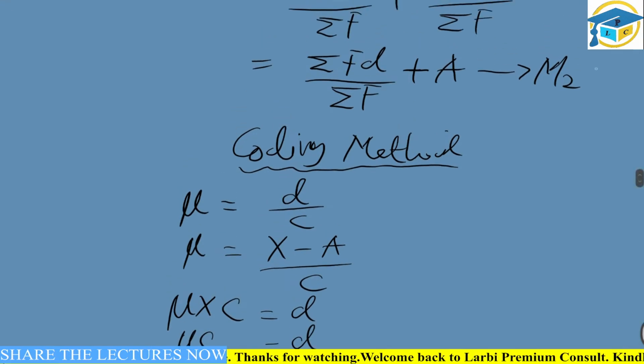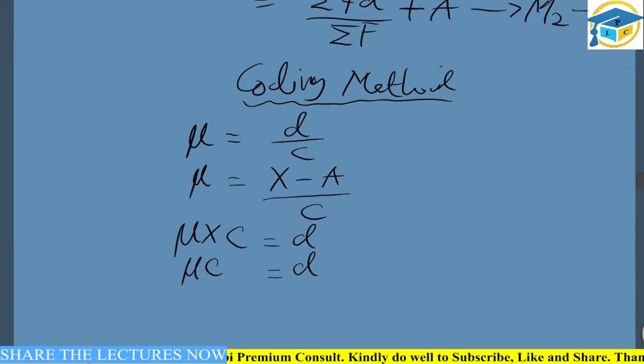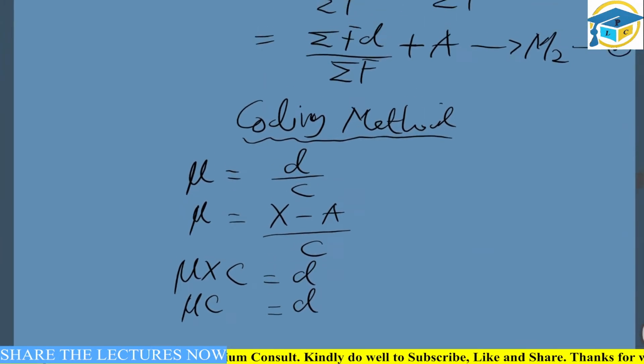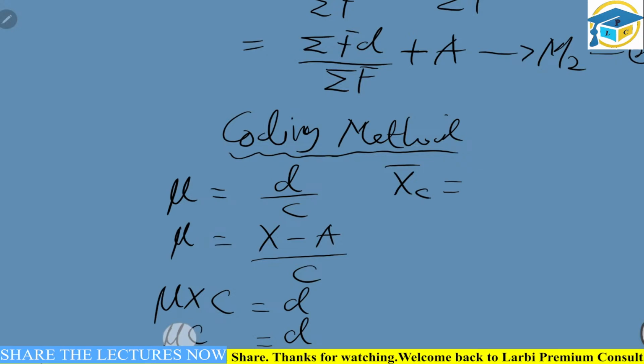So this becomes, let's say, equation 2. Whenever I see D, I'll substitute the mu value and then the C as the class width, so that we'll see what will happen at the end of the day. Therefore, from this deduction, to find the mean using the coding method, with subscript C, that should be equal to, whenever I see D, I'll place UC for purposes of explanation.